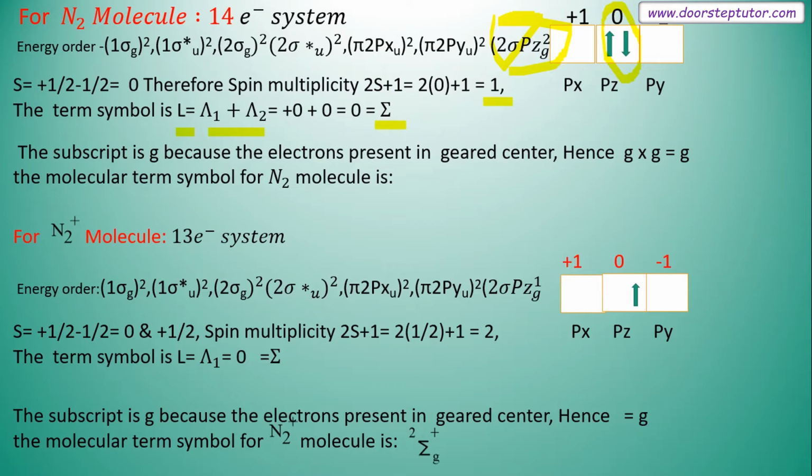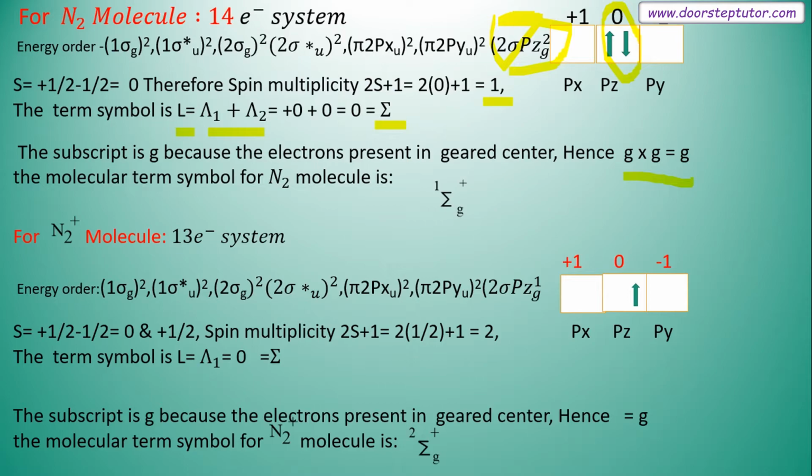The subscript is g because the electrons are in the gerade system only, so g into g is equal to g. So the term symbol for this N2 molecule has superscript 1, the spin multiplicity, sigma is the term symbol, g is the center of symmetry, and positive. So the term symbol for the N2 molecule is 1 sigma g plus.